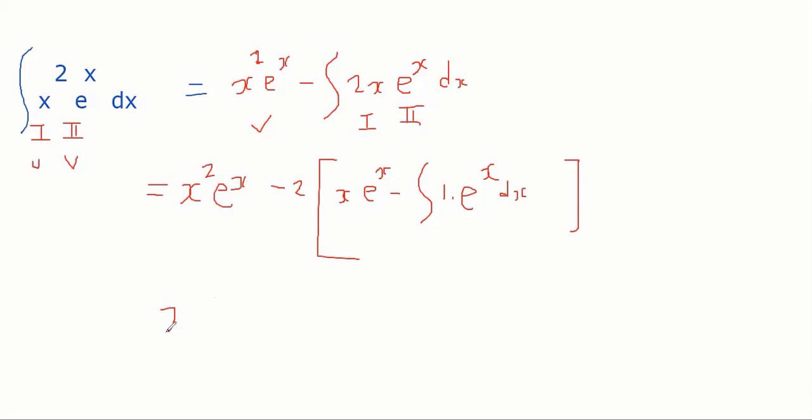Now you will solve it, you will get x square e^x minus 2 x e^x, and now we know that integration of e^x again remains e^x, so we are good.